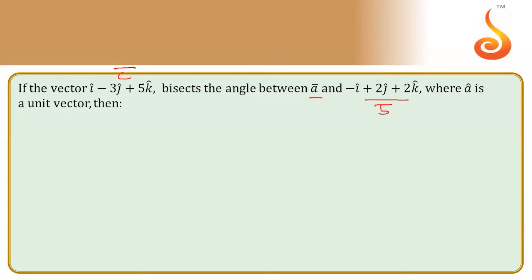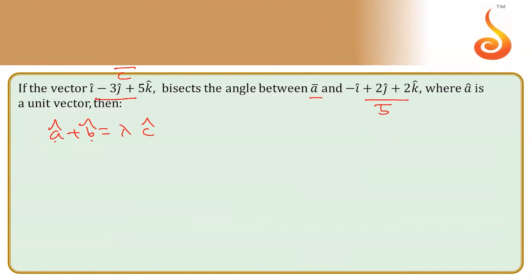That means here A cap plus B cap equals lambda into C cap, since this bisects the angle between the other two. You can take A cap plus B cap equal to lambda C cap, or C cap equal to lambda times A plus B; anything is fine.